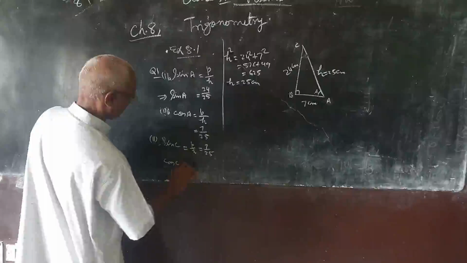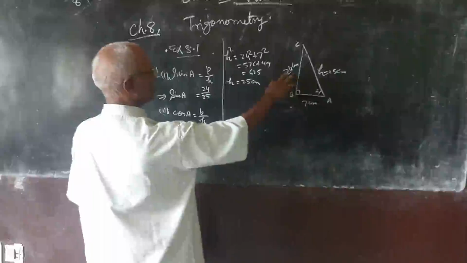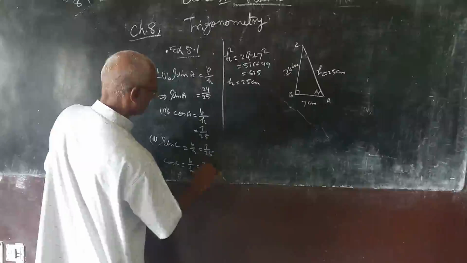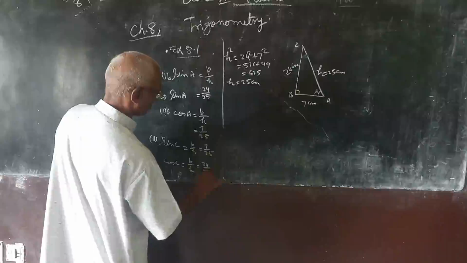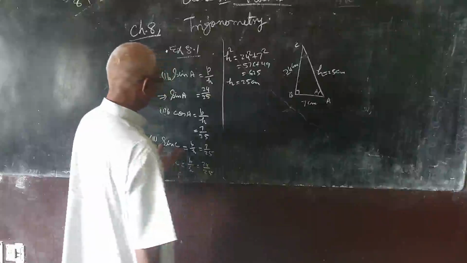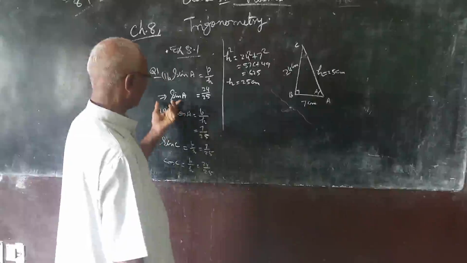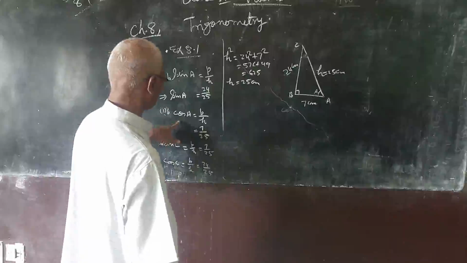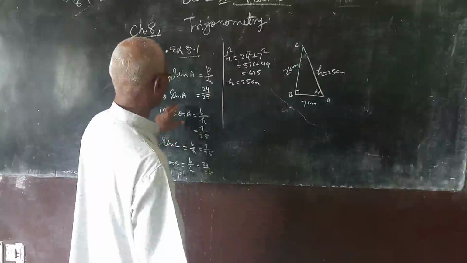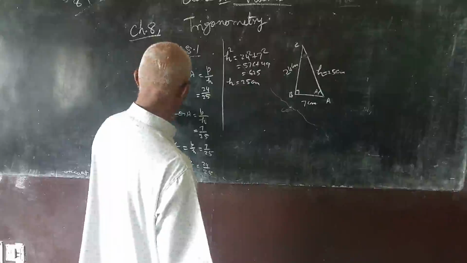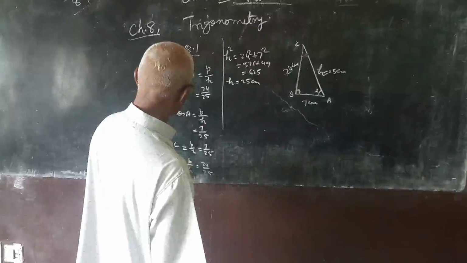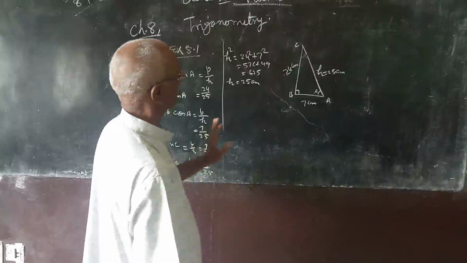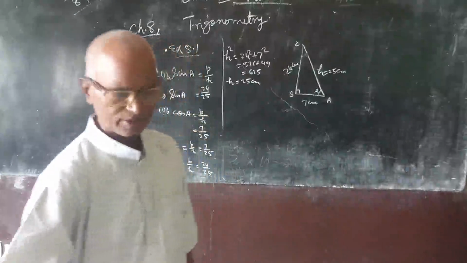And cos C: base is this, so it is base upon hypotenuse, that is 24 upon 25. So you see, sin A and cos C are equal, cos A and sin C are equal, means angles are complementary.